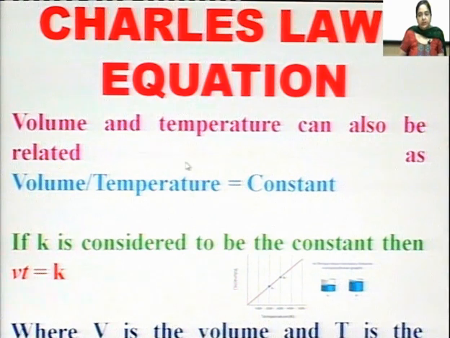Volume and temperature can also be related as V over T, volume over temperature, is equal to constant. If K is considered to be the constant, then V over T is equal to K, where V is the volume and T is the absolute temperature.